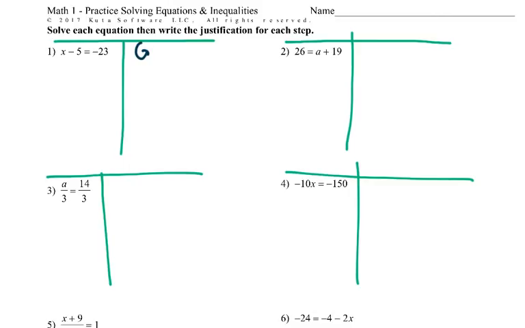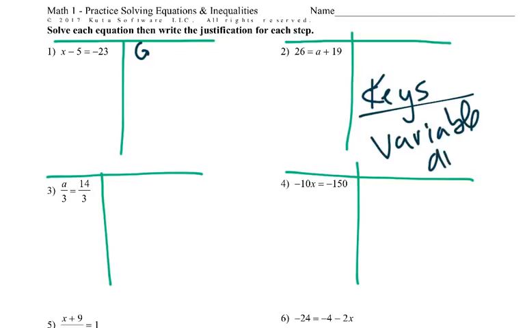Now remember, the key in solving, okay, is we want to get the variable alone. To do that, we use those properties of equality to create equivalent equations. An equivalent equation is an equation that gives you the same answer but looks different. And we want to get the simplest equivalent equation possible.